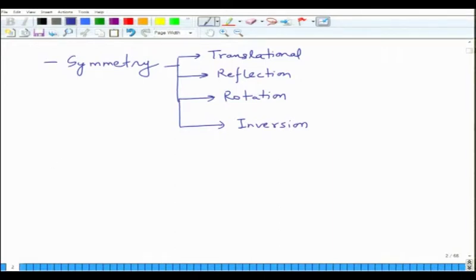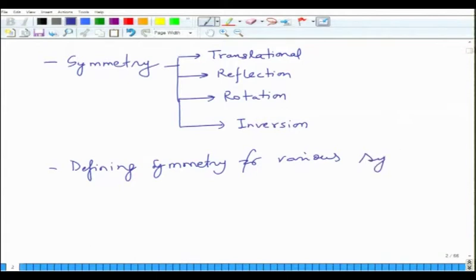And we also saw what is the defining symmetry for various crystal systems. Okay. Now that is mostly governed by rotation. So for example, for cubic system you need to have 4 3-folds, for tetragonal you need to have 1 4-fold, for orthorhombic you need to have 4 2-folds, and so on and so forth.